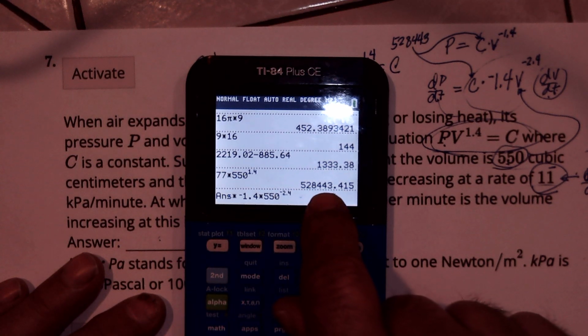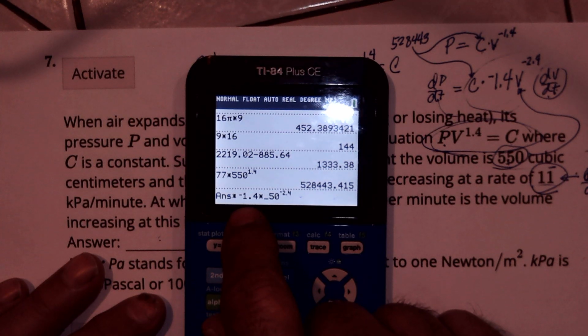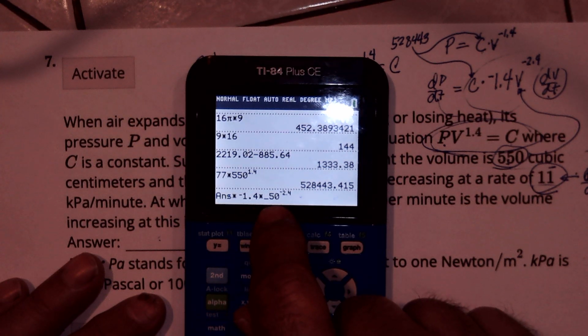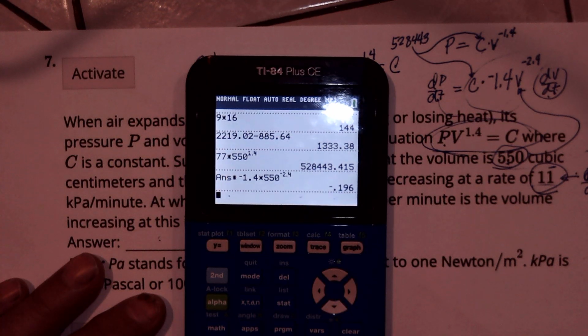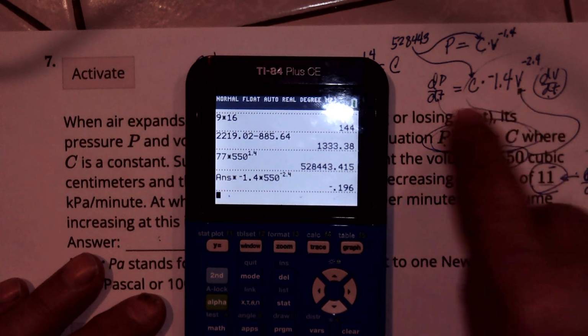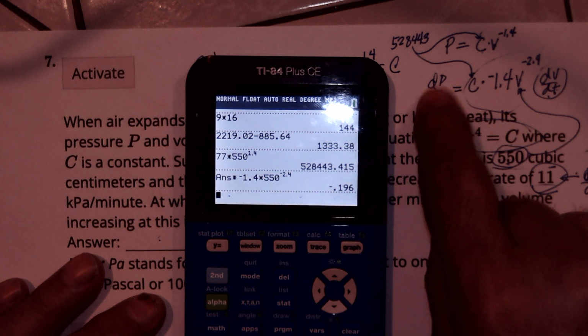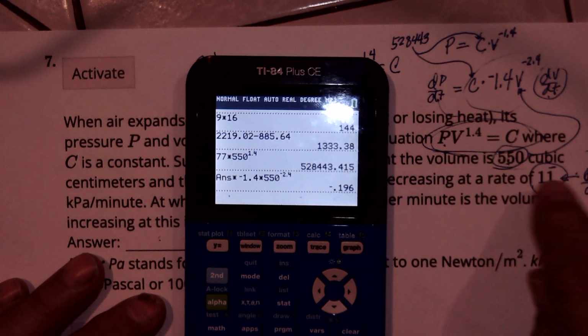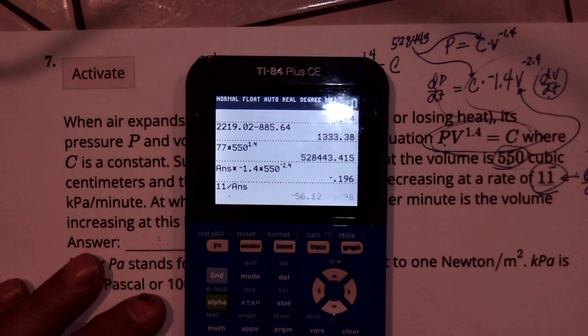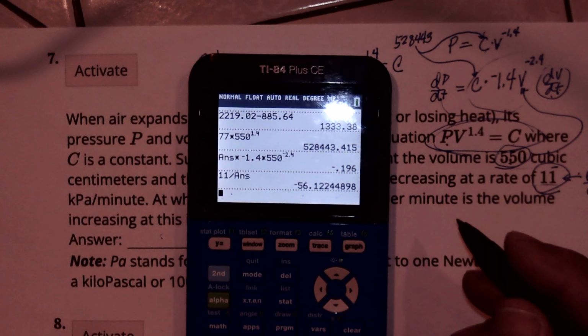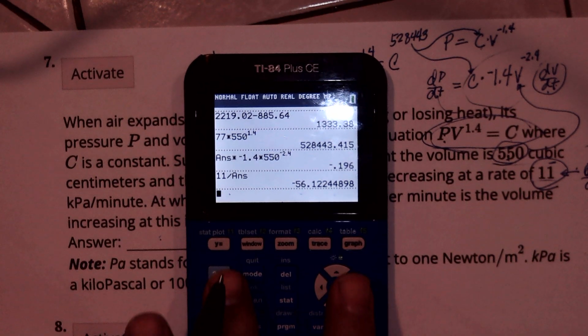So I've got C times negative 1.4 times 550 to the negative 2.4, enter. And that's what I got to divide into the change in the pressure with the change in time, which they told us was 11. So I got to take 11 and divide it by this answer, and I get 56.12.